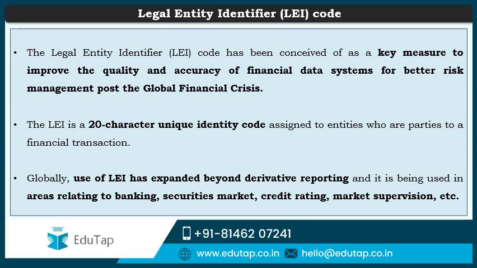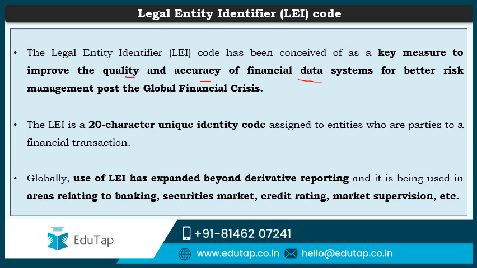So let's talk about the legal entity identifier code, LEI code. LEI code has been conceived of as a key measure to improve the quality and accuracy of financial data systems for better risk management post the global financial crisis. This is going to be a unique identity code allotted to different legal entities.